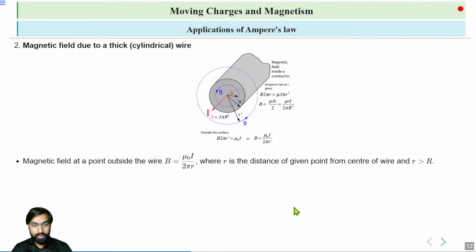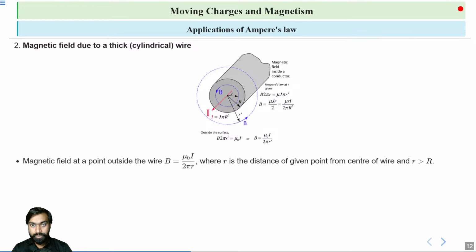So consider a thick cylindrical wire carrying a current I. The wire has a radius capital R, and the magnetic field B varies depending on whether the point of observation lies inside or outside the wire.